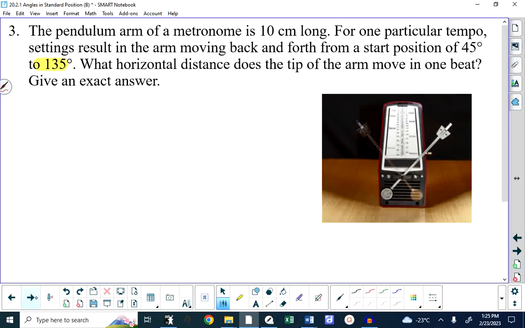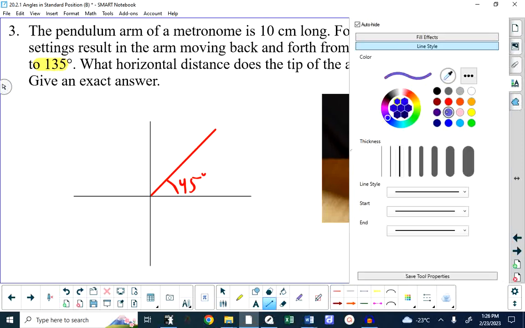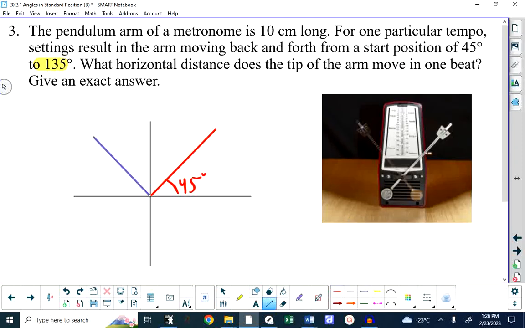So what we're talking about here is the metronome arm goes from 45 degrees, which is this angle, and then it goes to a new position. I'm just using a different color.